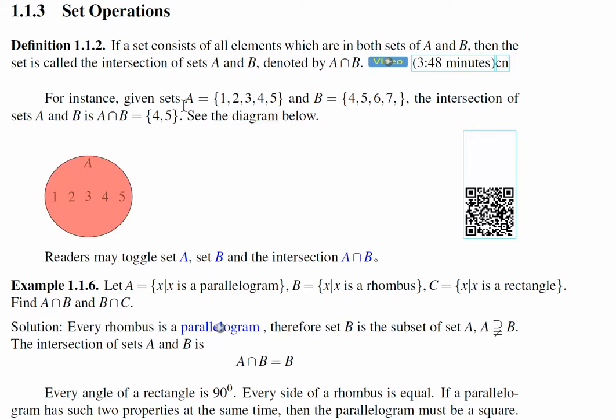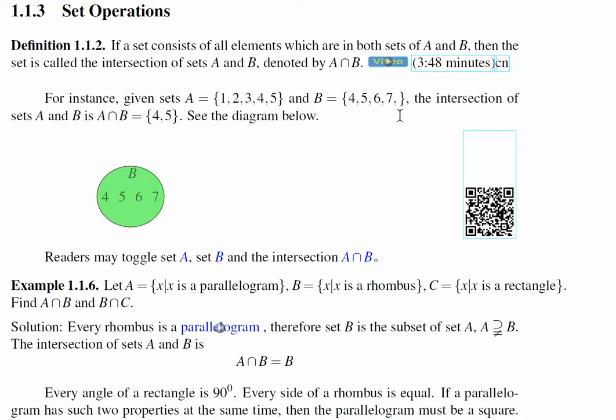You see we have a set A which consists of 5 elements: 1, 2, 3, 4, 5. The diagram for A is right here. Then we click A here, and this diagram will disappear. You then click B. B has 4 elements: 4, 5, 6, 7.